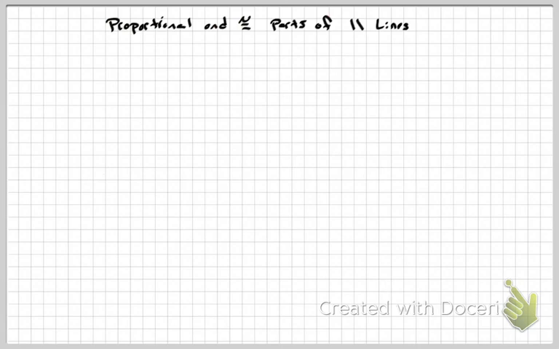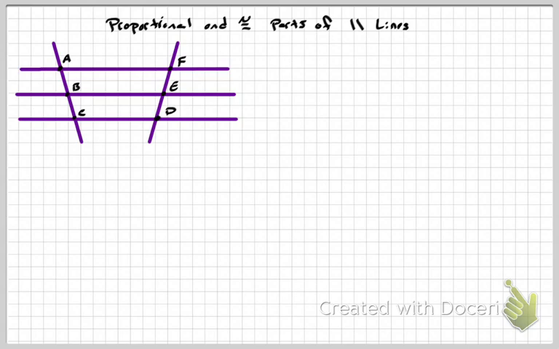Last thing, proportional and congruent parts of parallel lines. So this is going to kind of carry over from the triangles. Okay, but now I'm going to have 3 parallel lines instead of 2. So if you were to imagine that these would eventually come together all the way down here, you'd still have a triangle, right? So the concept still carries over.